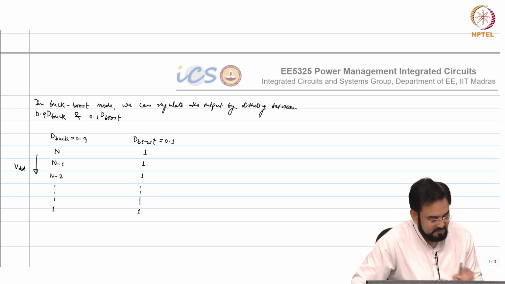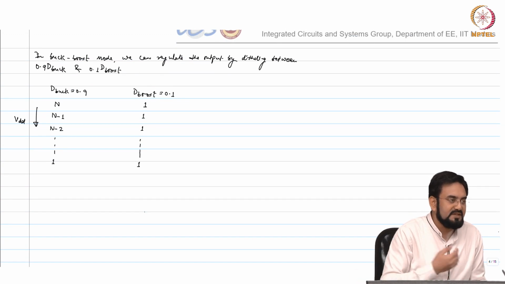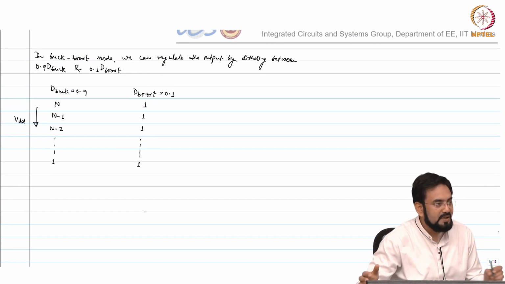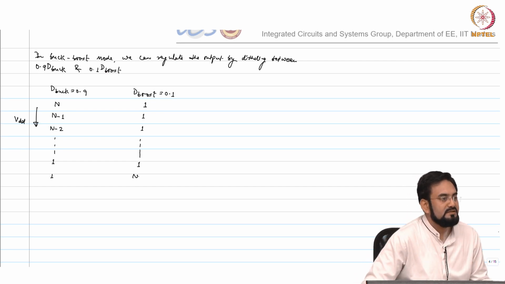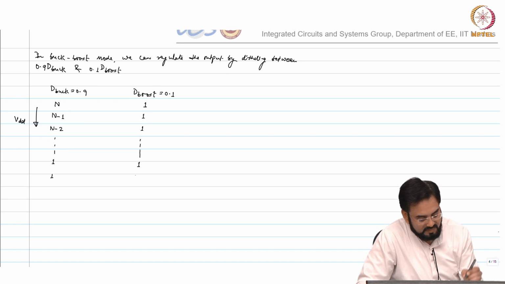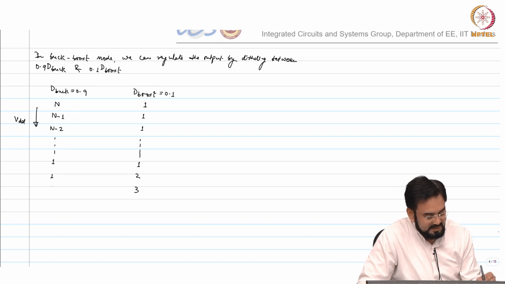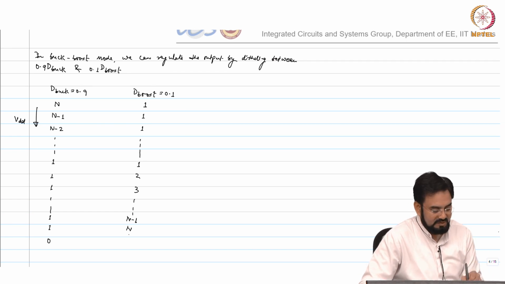So finally, you will get 1:1. So what do I need to do after that? Now you fix your buck and make this guy n, not n, sorry, 2, 2, 3, and eventually you will get to n minus 1 and 1, 1, and then you make it 0, and what will be this?